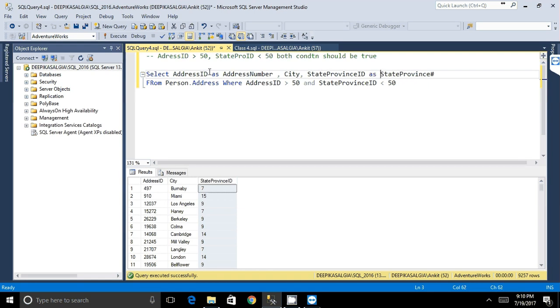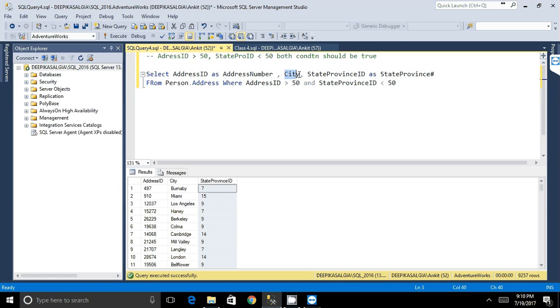You have to put AS when you alias the column name. So you say select column name as and then the name that you want to give. The same thing for the state province ID: if you want to change it, you say as and then the new name, state province number.